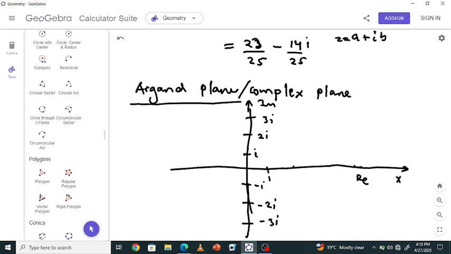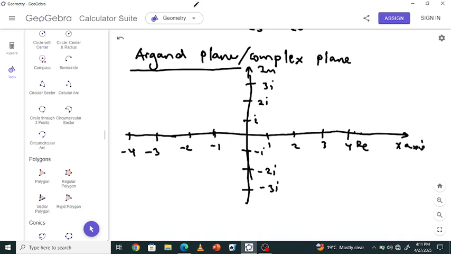We have 1, 2, 3, 4. The real part is represented on the x-axis, while the complex part is represented on the imaginary axis. We have -1, -2, -3, -4. You can go up to as many as you want.